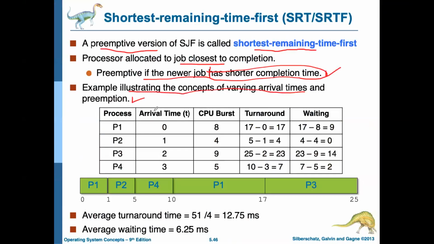We have processes P1, P2, similar to what we did for the previous one, but a different scenario because this is a different algorithm.